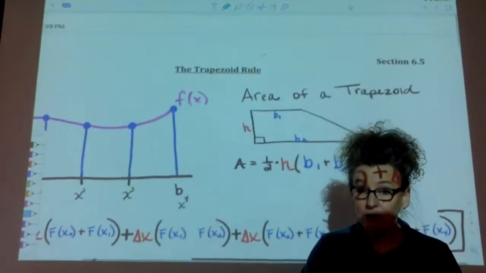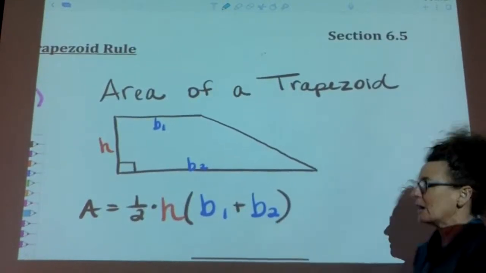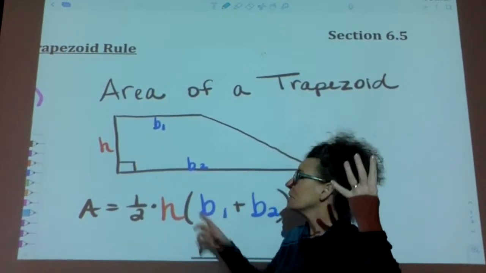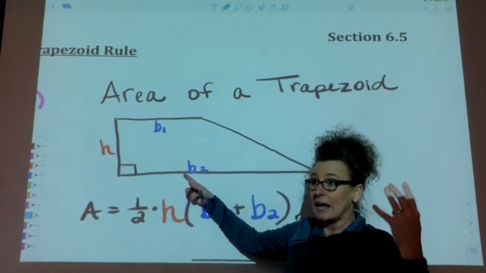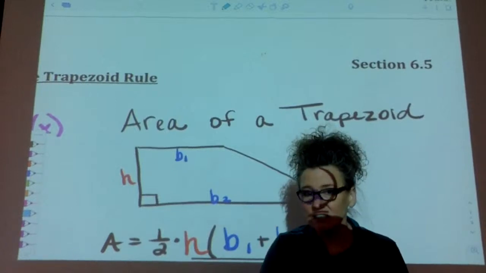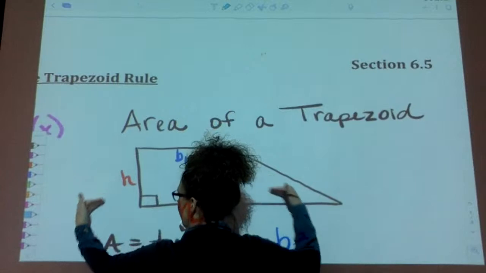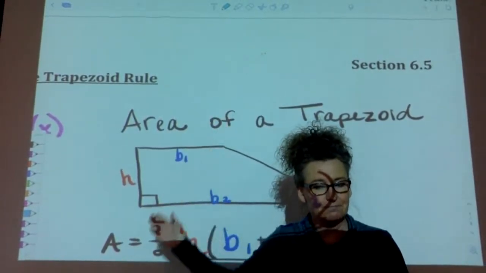Now, quick review of geometry. It might have been a while since you've used the area of a trapezoid. Keep in mind, a trapezoid is simply a quadrilateral with one pair of parallel sides. Often you think of an isosceles trapezoid, like an isosceles triangle with the top chopped off.